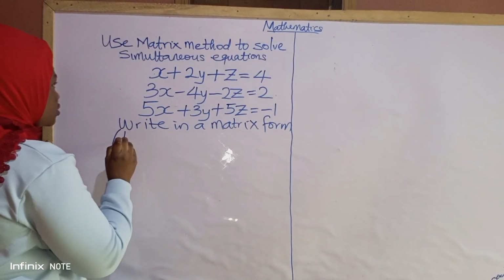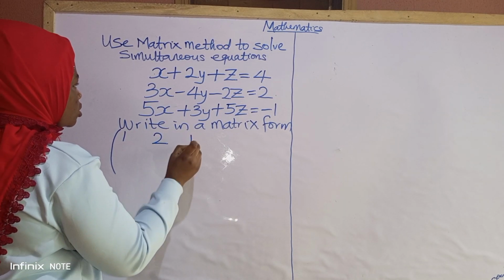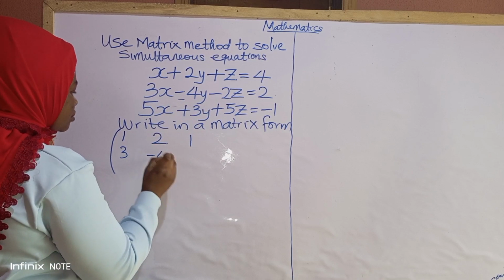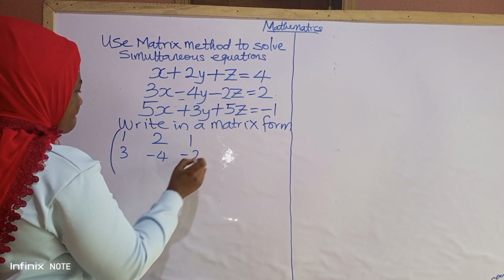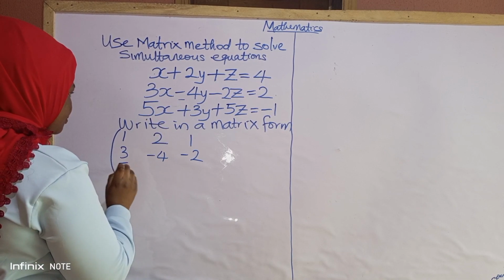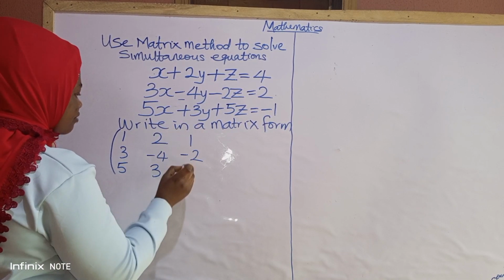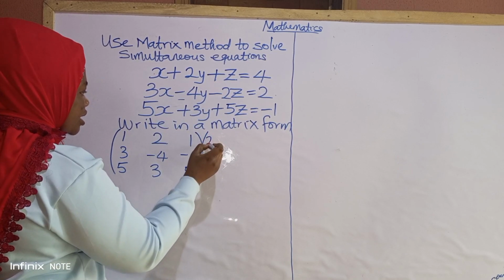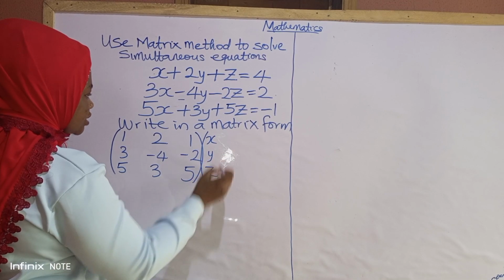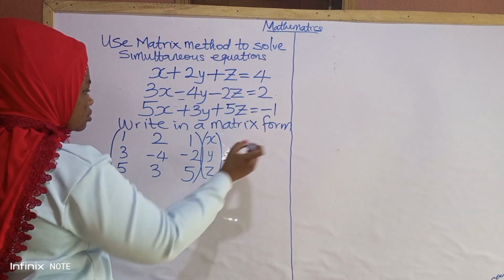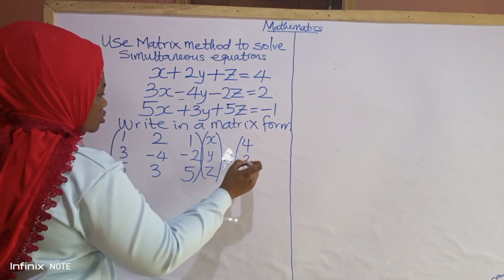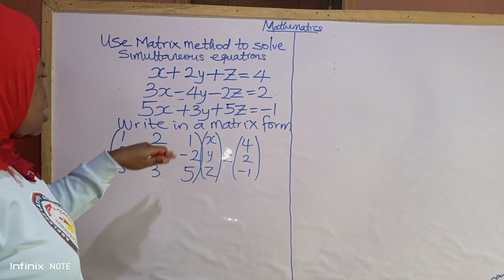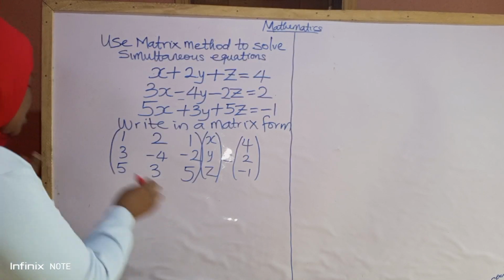So we have 1, 2, 1, 3, minus 4, minus 2, 5, 3, and 5. Then all those unknowns, x, y, z, is equal to 4, 2, minus 1.